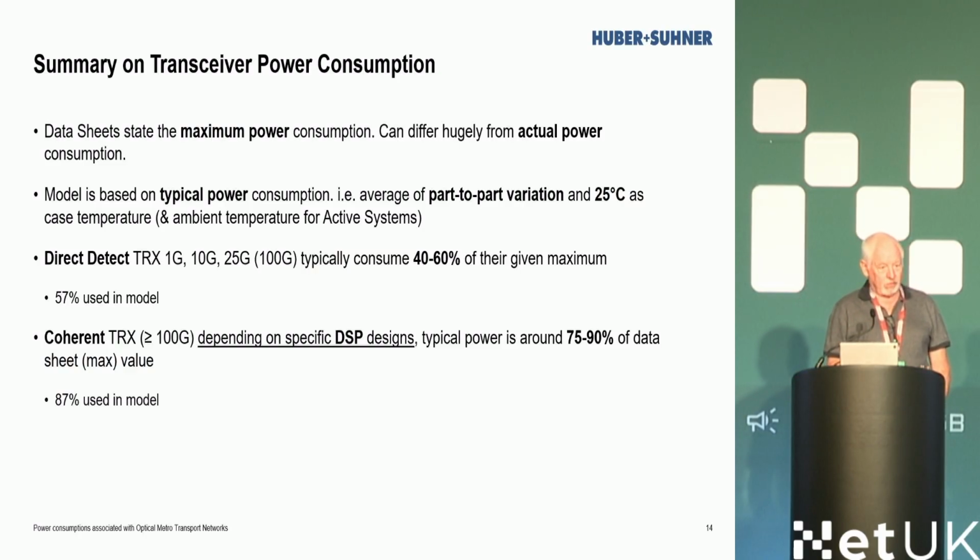So on the slides I'm going to show you in a minute, the direct detect, that's 1 gig, 10 gig, 25 gig, typically consume 40 to 60% of the stated maximum power. We've assumed 57% in the models I'll show in a minute. The coherent transceivers, i.e. those greater than 100 gig coherent, because there are 100 gig direct detect as well, are around 75 to 90% of the datasheet power. And we used 87% in the models.